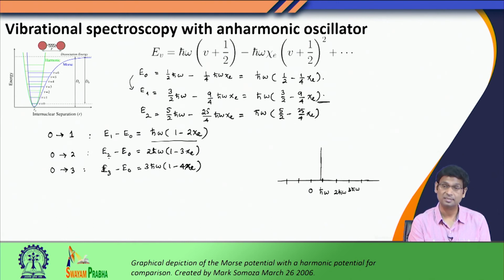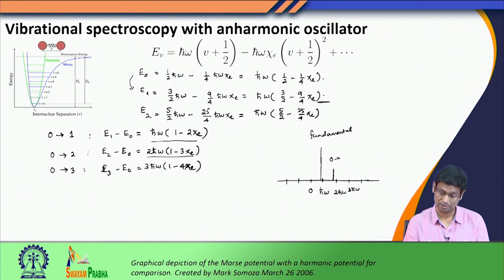Similarly, this 0 to 1 transition is my fundamental transition. The 0 to 2 transition under harmonic approximation would have happened at 2 h bar omega, but here because of anharmonic correction of the energy levels, I am going to see it here.